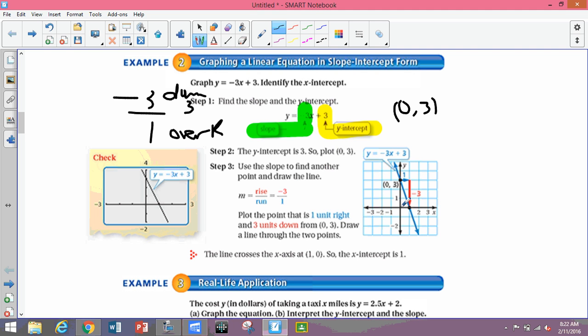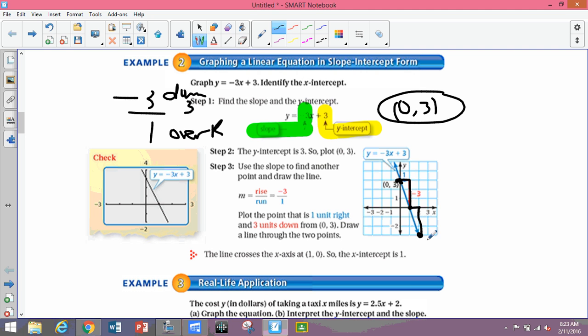You don't really need to, because if you have that intercept point of (0, 3), you know that your next point is going to be down 3 and over 1. So if my intercept is right here, and this is where those slope triangles come in, you're going to go over 1, down 3. And then the next point, over 1, down 3, right there.